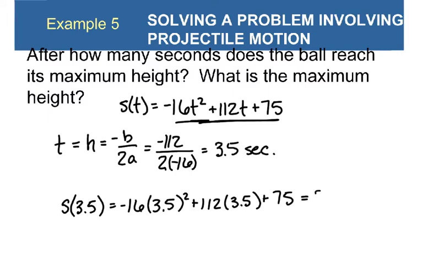That is 271, and since we're measuring things in feet, the units of measurement here are feet also. There you go. So the ball reaches its maximum height of 271 feet after 3.5 seconds. And there is our model.